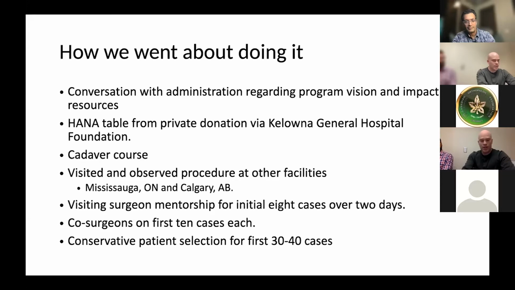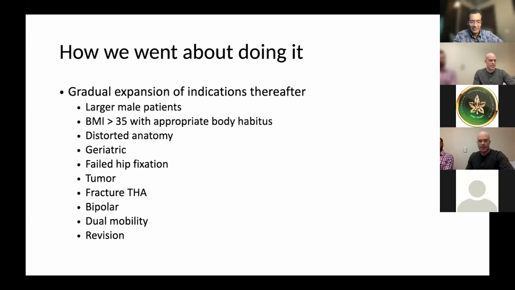I think Raj had a slide that brought this up, but our patient selection for the first 30 to 40 cases was very, very conservative as far as patient body habitus and various anatomical reference points, and we just tiptoed through the learning curve as safely as we could. Lisa brought this up as well, the learning curve and the patient risk factors associated with it.